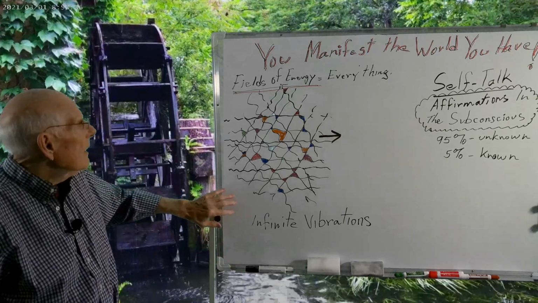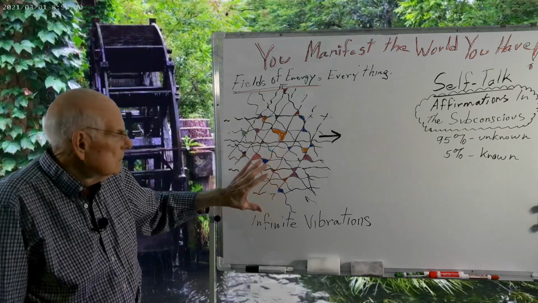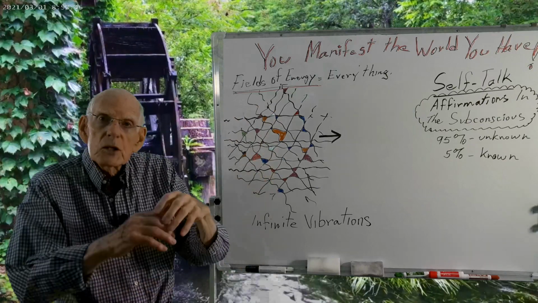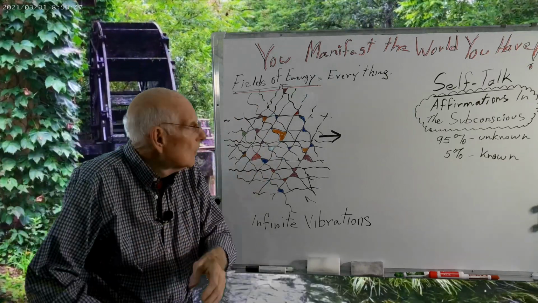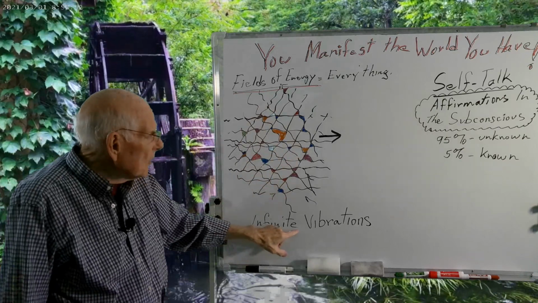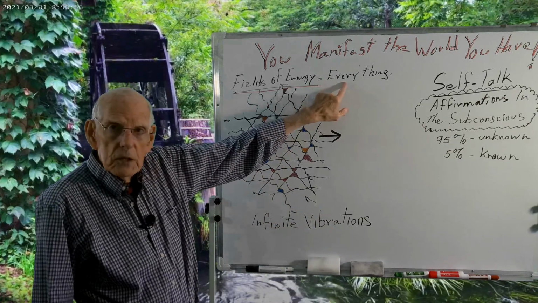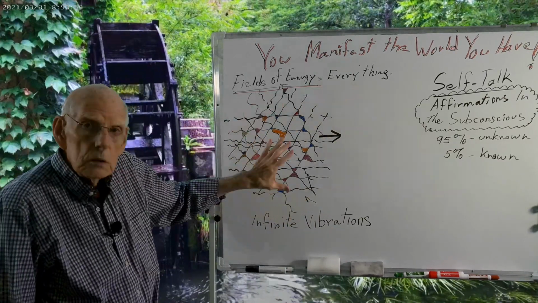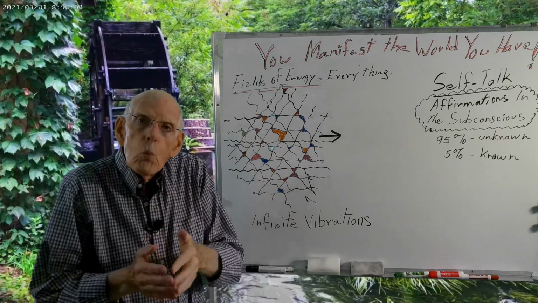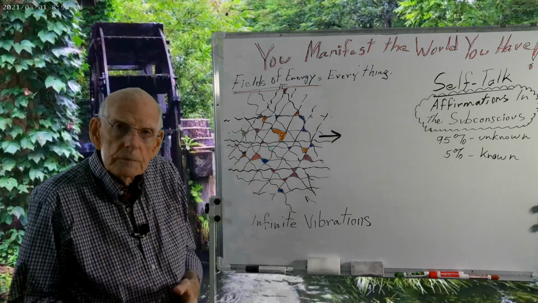You notice that I left the fields of energy out here with their fixed patterns, because each one of those fixed patterns has a radiation. There is everything out here, infinite vibrations of everything out here. So everything is available to you. What are you going to bring to create your world?